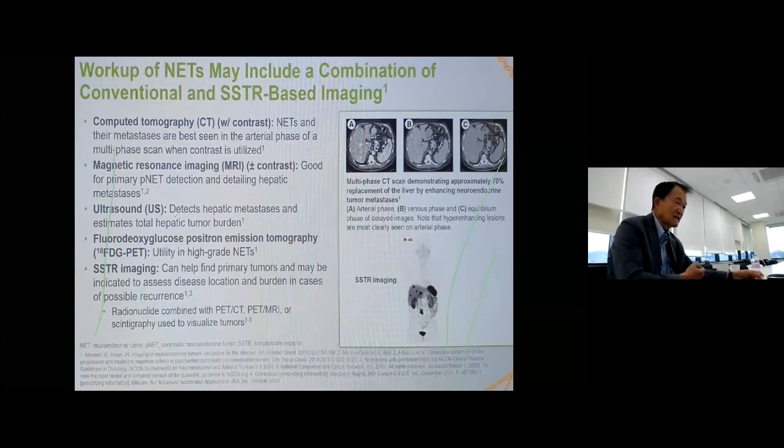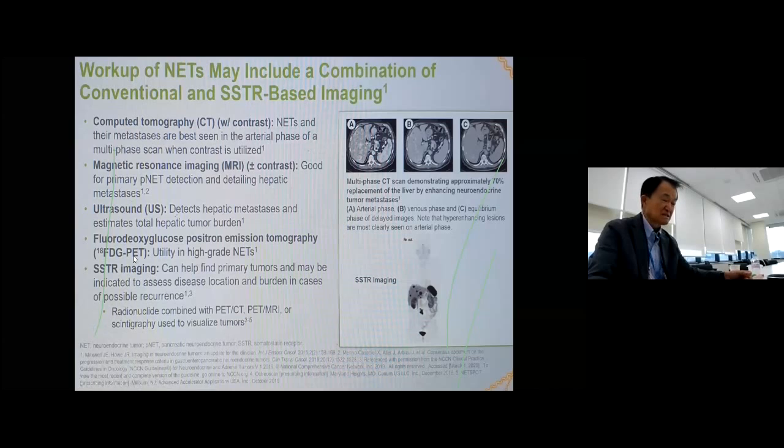And then you have to have a workup of the whole body system, because it's a systemic disease, and particularly tiny nodules all in the liver, many things. So using CT, MR, ultrasound, and FDG PET scan, and then more specific somatostatin receptor imaging.